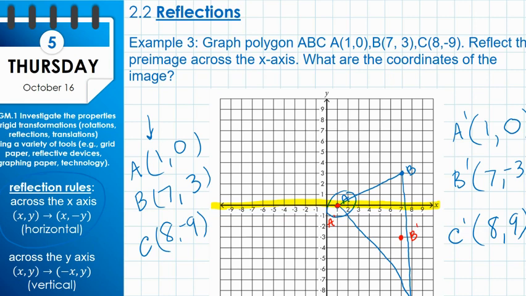C prime is at positive 8, positive 9. Sorry, that is C prime. This is C.